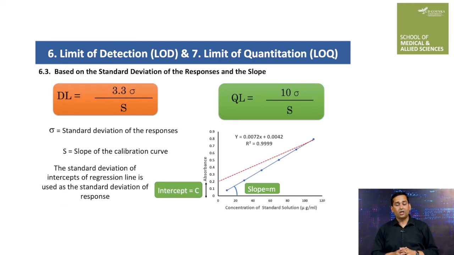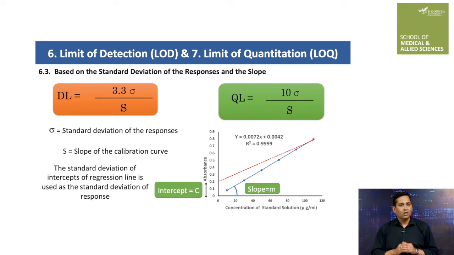Another way of finding LOD and LOQ is based on the standard deviation of the response and the slope of the straight line. In this method, detection limit is obtained by dividing the product of 3.3 and the standard deviation of the response, sigma, by the slope of the calibration curve.